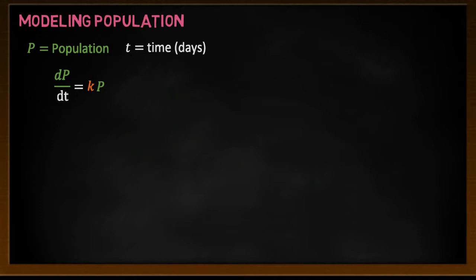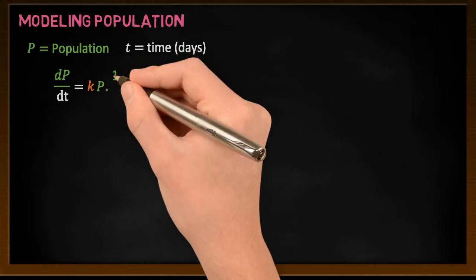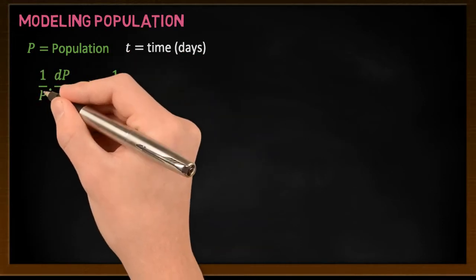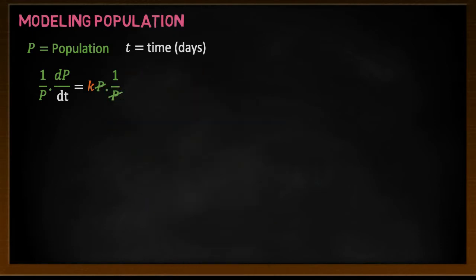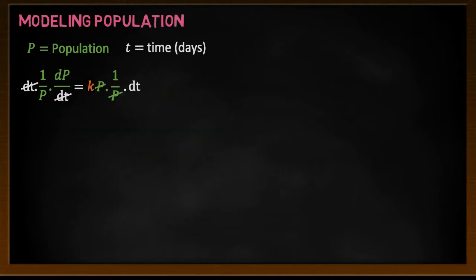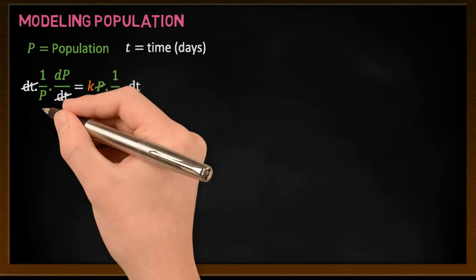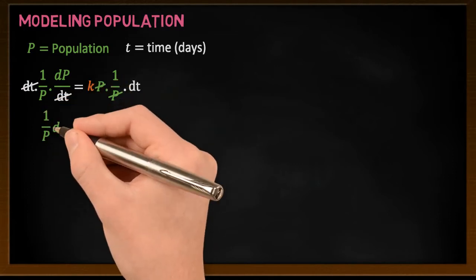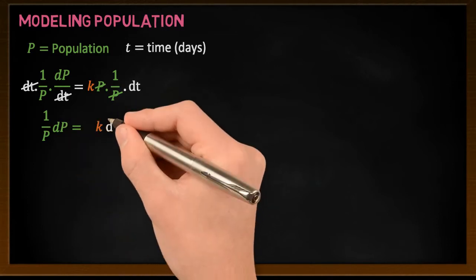We want to put all the p's and dp's on one side and all the things that involve t, or that I guess don't involve p, on the other side. So we could divide both sides by p, so we'll have 1 over p, those will cancel, and then you can multiply both sides times dt. When we do that, we would be left with 1 over p dp is equal to k dt.